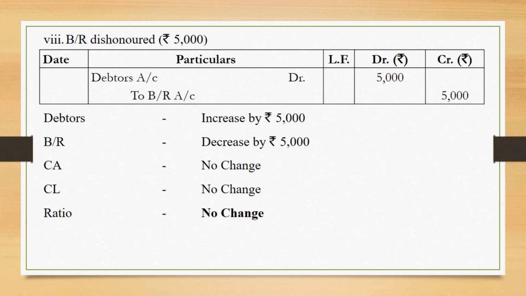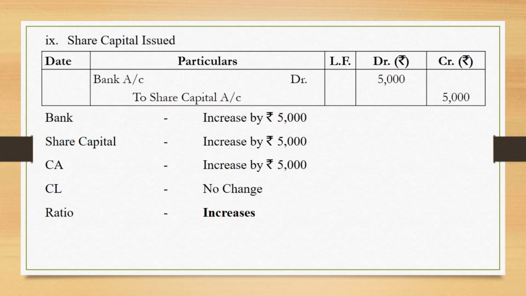Our debtors will increase by 5,000 and the bills receivable will decrease by 5,000. Debtors and bills receivable are both current assets, so there is no change in current assets. There is no change in current liabilities, and therefore the ratio will not change.